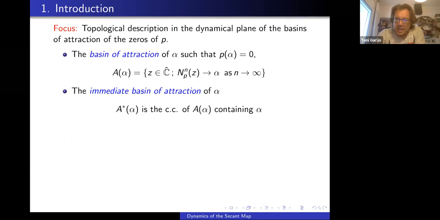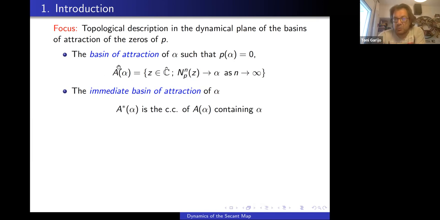Okay, in the dynamical plane, focusing on this kind of iteration, we know that the zeros of the polynomial are fixed points for the Newton map, and we can define A alpha, the set of points converging to a root of the polynomial. So for every root, you have the basin of attraction.